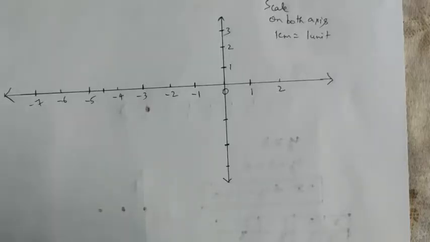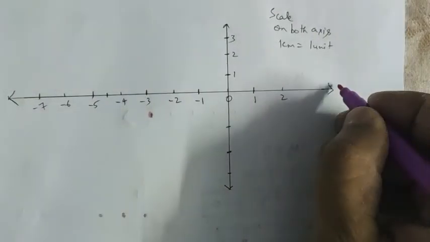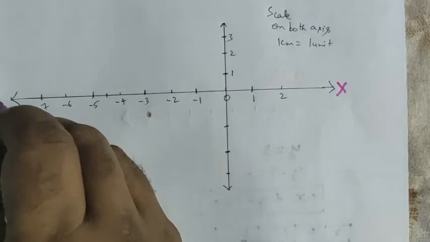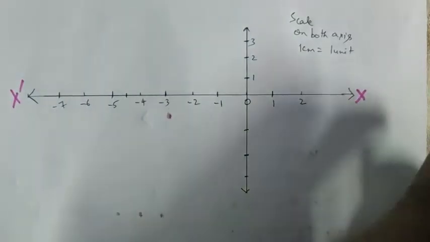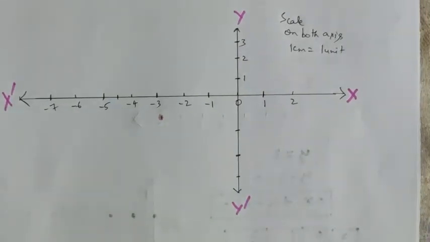First of all, I have taken the scale on both axes as 1 centimeter equal to 1 unit. This is x dash, and this is y dash. Now we have to plot 2x plus 9 equals 0, that is x equals minus 4.5.